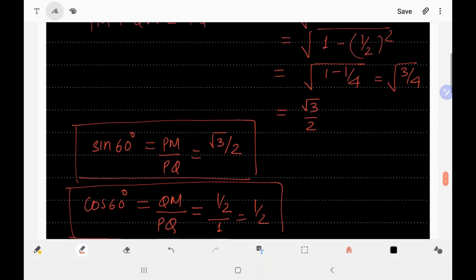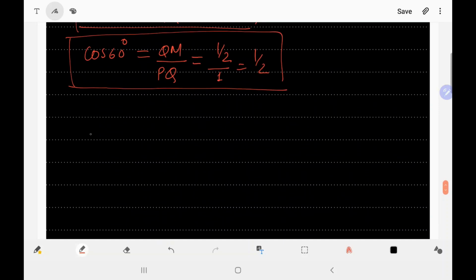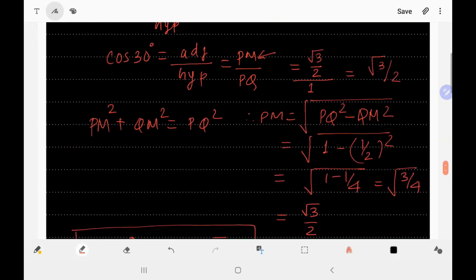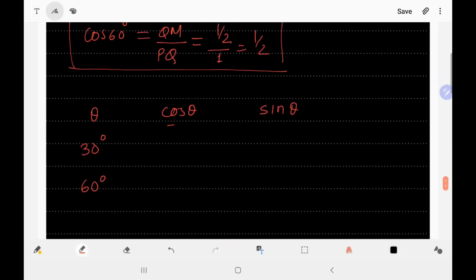So from this exercise we can write down the values of cos theta and sin theta for theta equal to 30 degrees and 60 degrees. Cos theta for theta equal to 30 degrees, we have calculated as root 3 by 2.